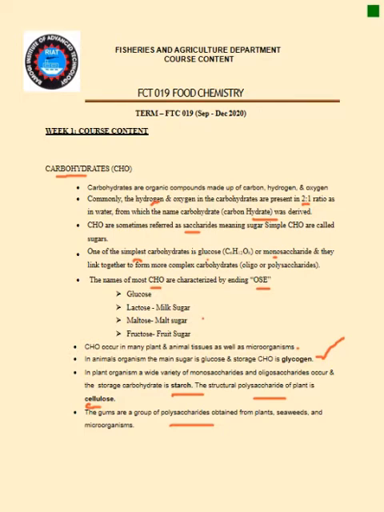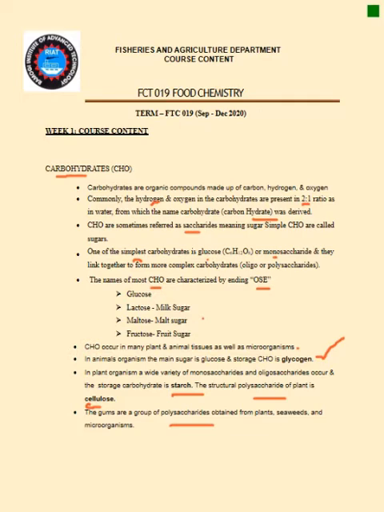However, in plants, carbohydrates are stored in another form known as starch. So carbohydrates are stored as starch in plants, but as glycogen in animals.